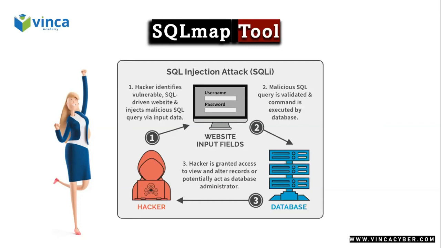Second, the malicious SQL query is validated and the command is executed by the database itself. The consequence of the response will be that the hacker is granted access to view and alter the records or potentially act as the database administrator.